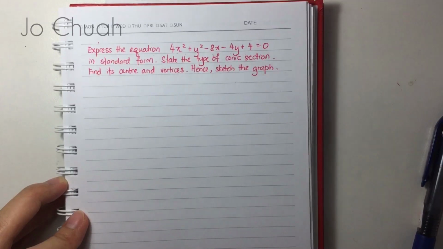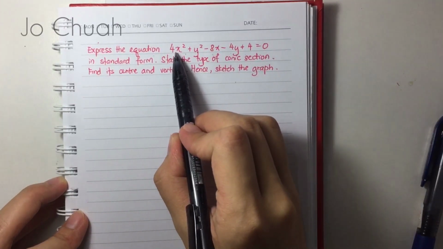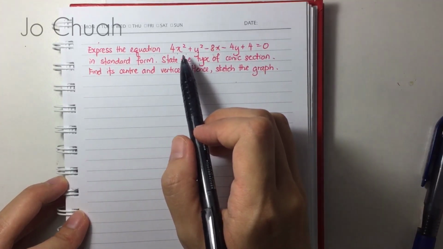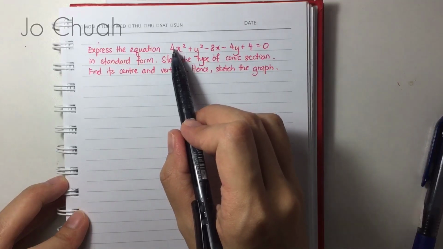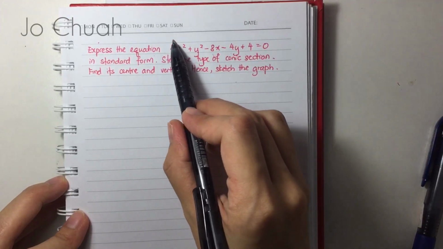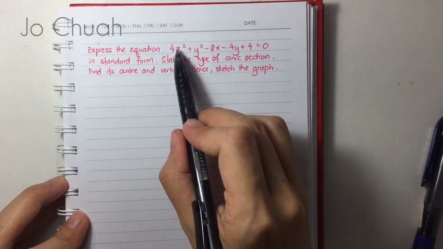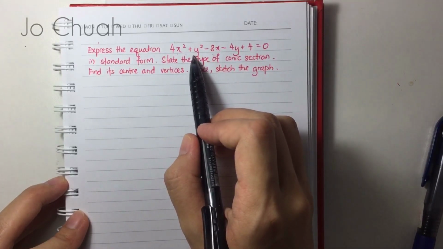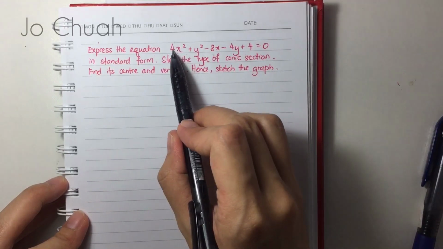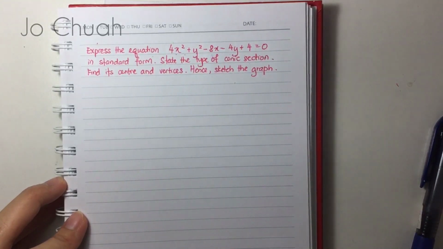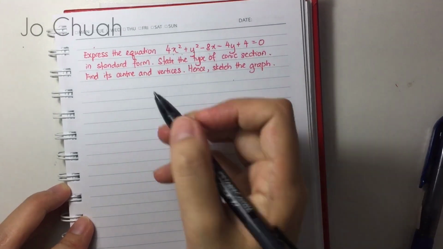So the first thing is you have to identify what conic section this is. If you watch my previous video, you have to see that this coefficient is not 1 and it's not the same as the y squared. So you know that this will be an ellipse because both have the square, it's just that the coefficient is different. So what we have to do now is find the standard form.